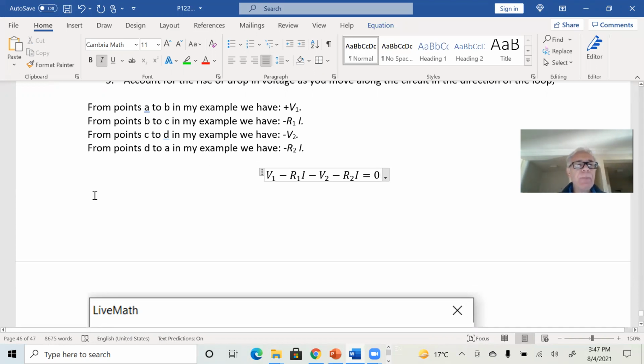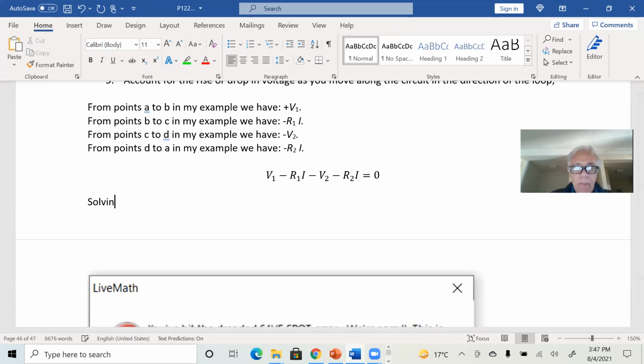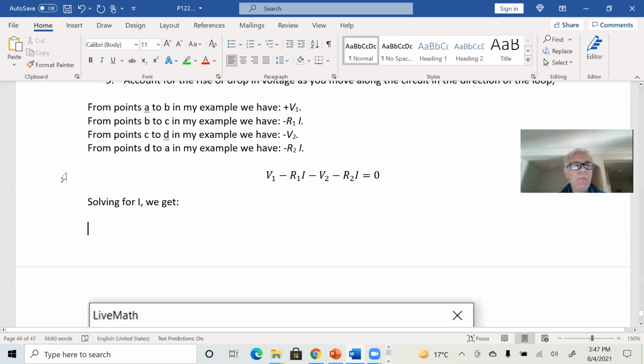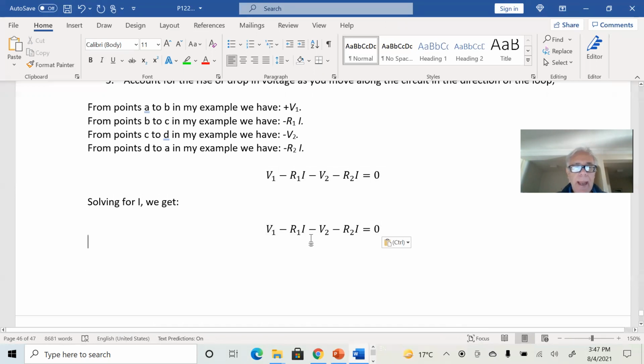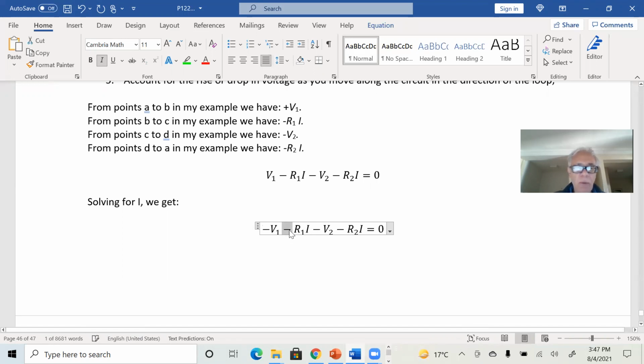Solving for I, we get, here you go, those are going to be negative, and this is going to be positive. I'm going to multiply both sides by -1, so I can change the signs of the terms that contain the currents.